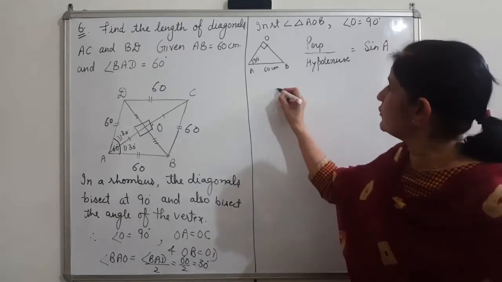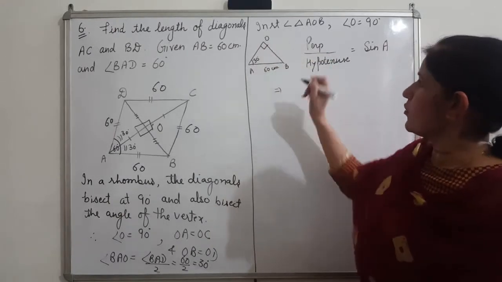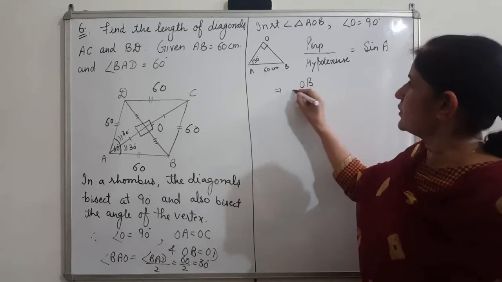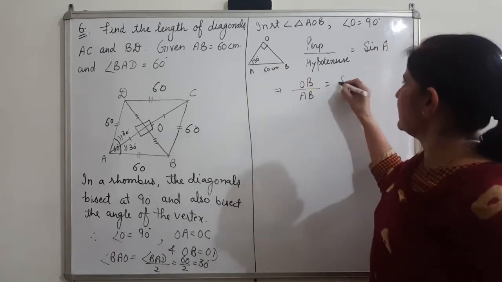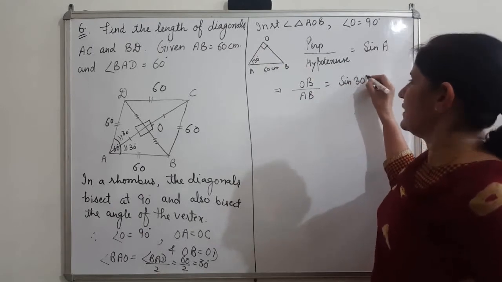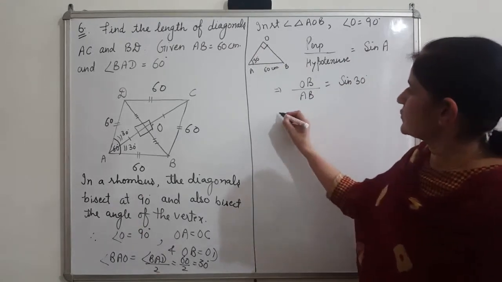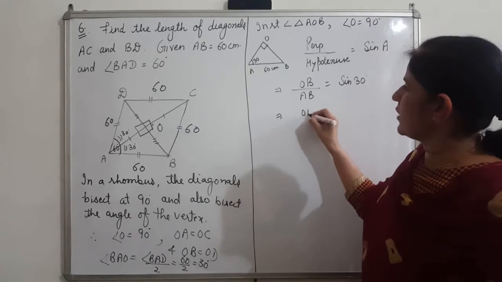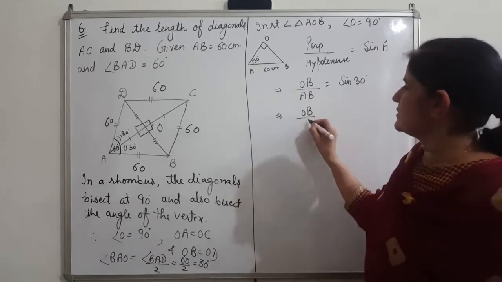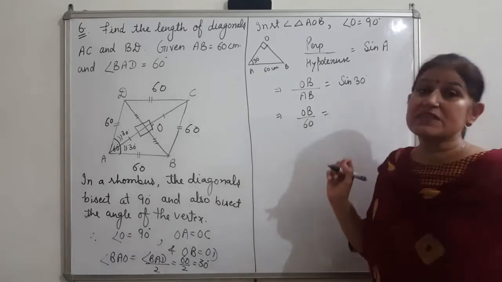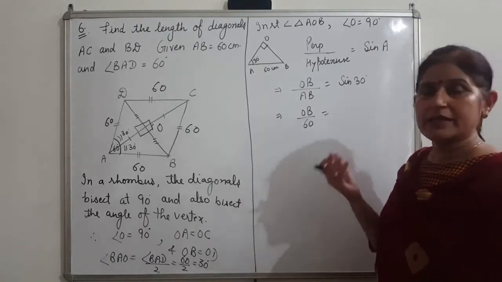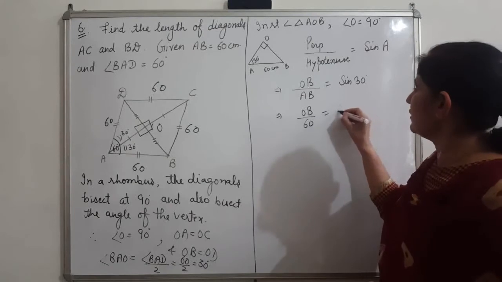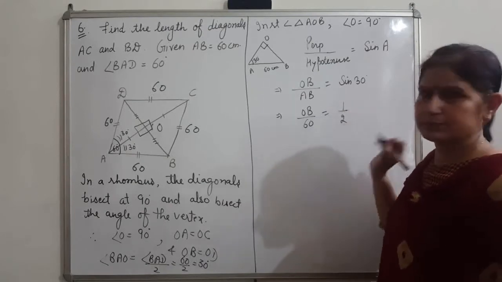Now substitute the value. Perpendicular OB, hypotenuse AB equals sine A, means sine 30 degree. Now OB you have to find. AB is 60. What is the value of sine 30? You have to learn it, or otherwise you can make a table and then find out. It is 1 over 2.